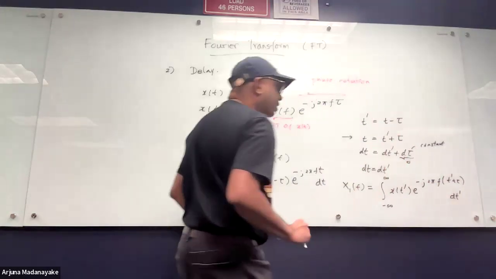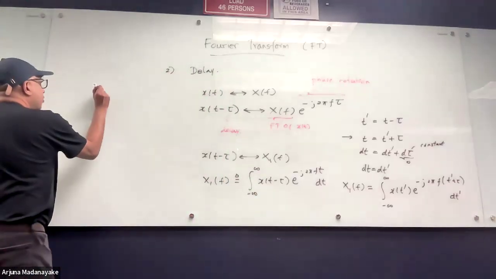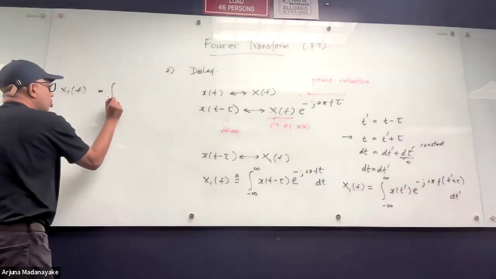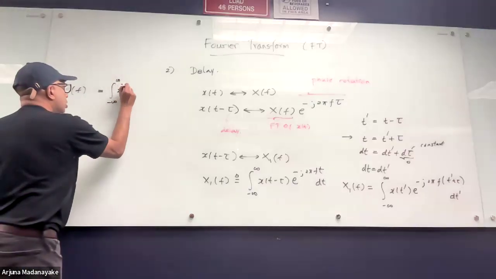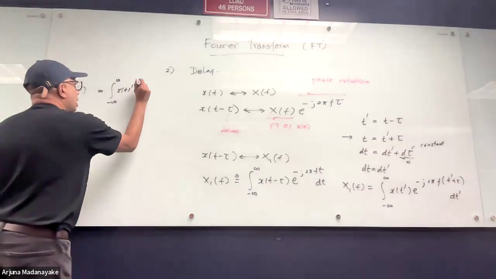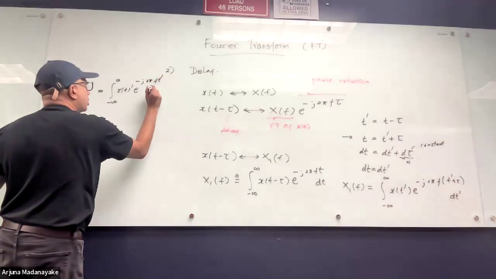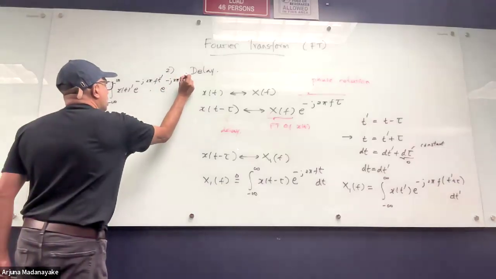I'm going to write it as the product of two exponentials. So I'm going to write this equation as X1 of f is equal to the integral of x of t dash, e to the minus j 2 pi f t dash, times e to the minus j 2 pi f tau.